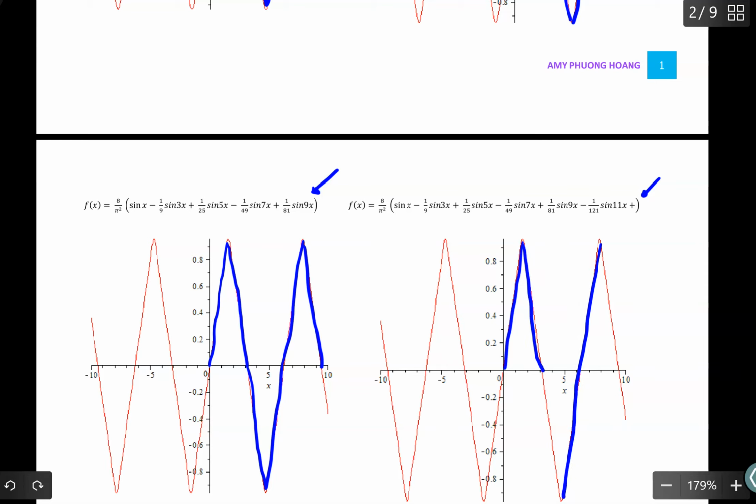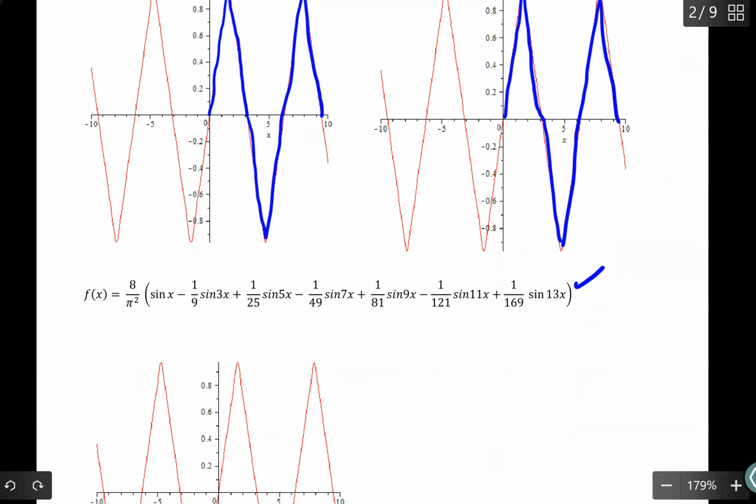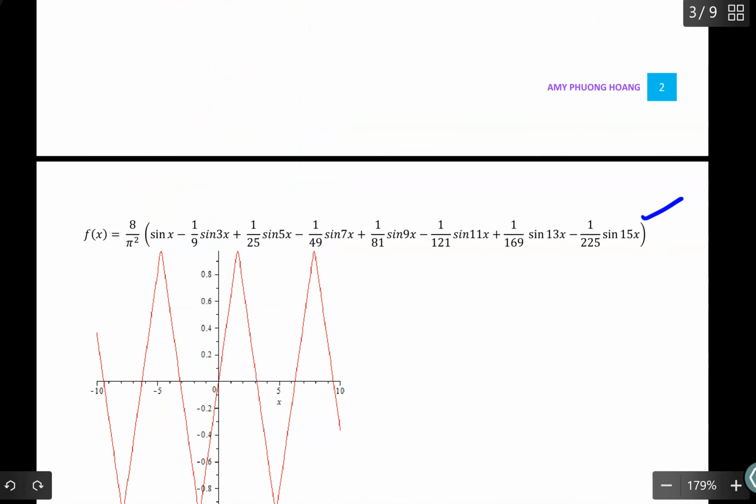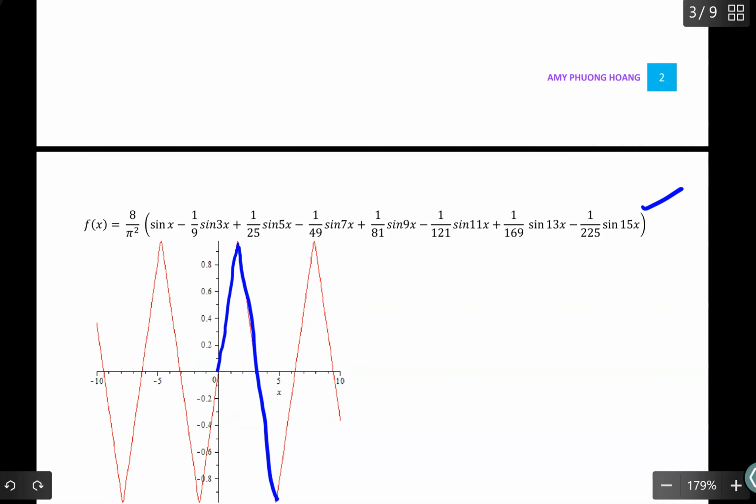I can just use a ruler and connect them. I add another term here, and another term here. You see this part is really a straight line. So now, obviously, I have a triangular wave.